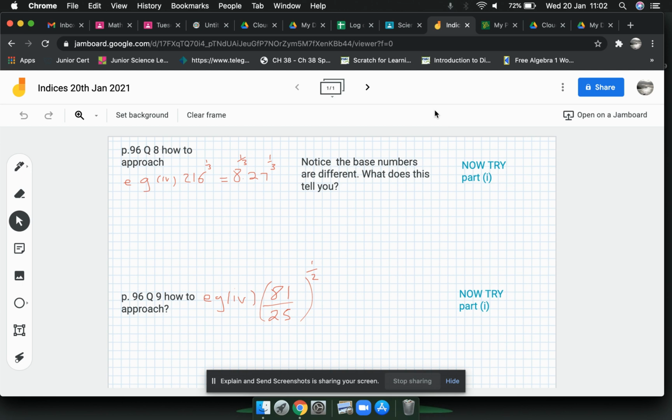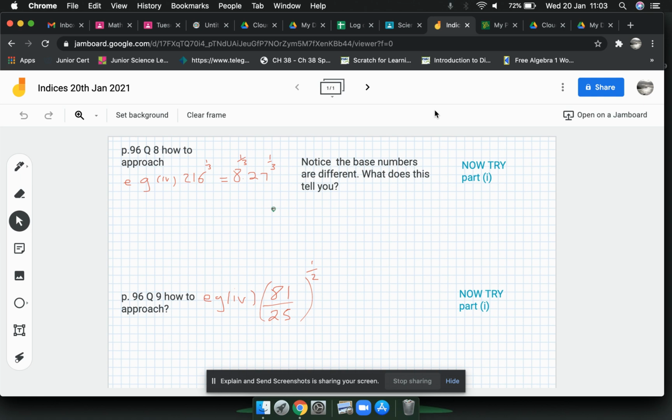But if I ever have a situation where I have something like square root of 2, square root of 3, if they're right next to each other, then that automatically implies that we are dealing with multiplication. Okay, so it's the same for indices as square roots. If I have 8 to the power of 1/3 next to 27 to the power of 1/3, then it means I should be multiplying them.